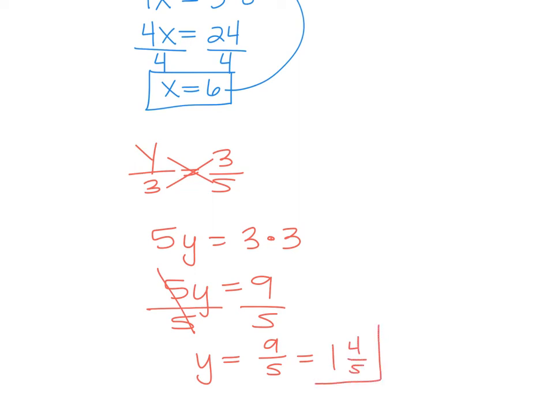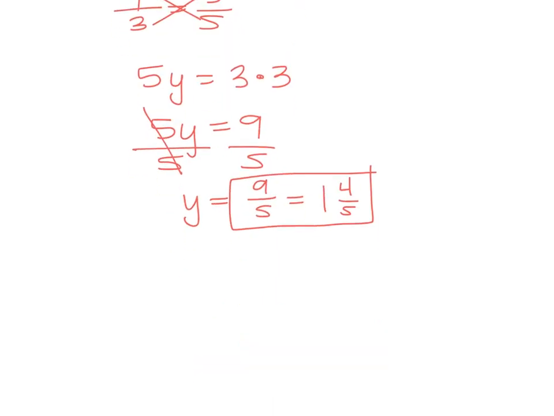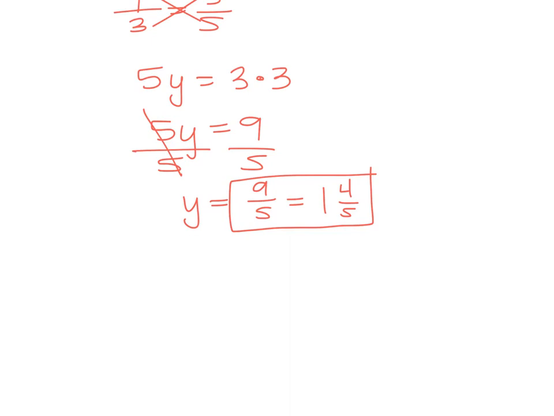Okay, so either one of those would be fine, or I don't even care if you make it a decimal. Anyone know what 1 and 4 fifths is as a decimal? 1 and 4 fifths is the same as 8 tenths, right? So it would be 1.8. Okay, so any of those three I will take. Just a matter of if you would prefer to leave it as a fraction, make it a mixed number, or turn it into a decimal.